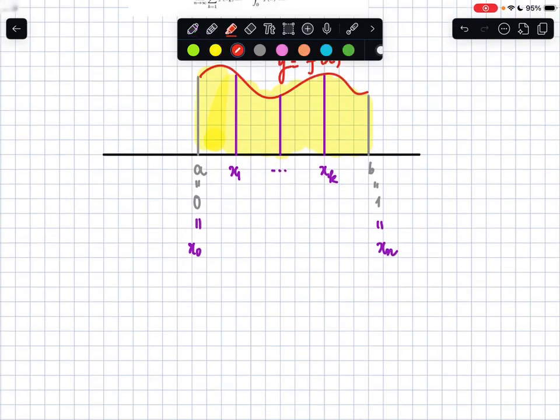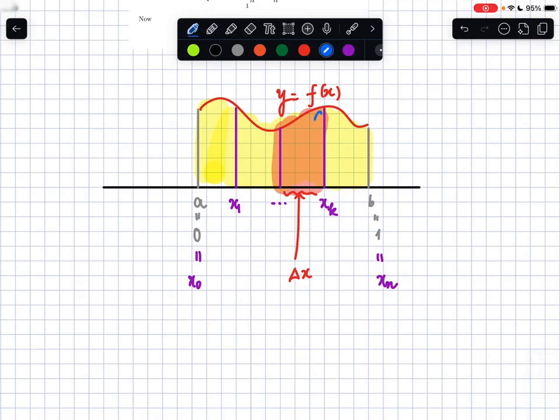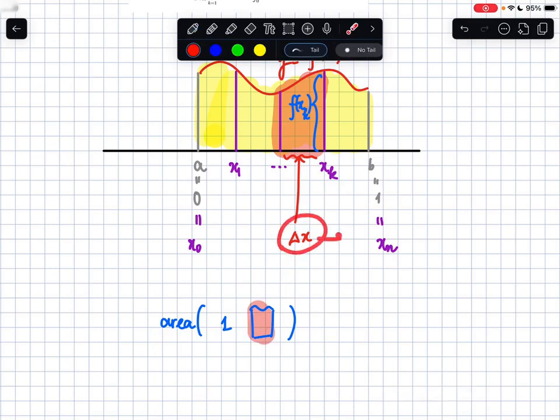The width of the rectangle is delta x, and the height of the rectangle is the distance from this point to this point, which is f of xk. When delta x is small enough and tends to 0, we can think of this as a rectangle.